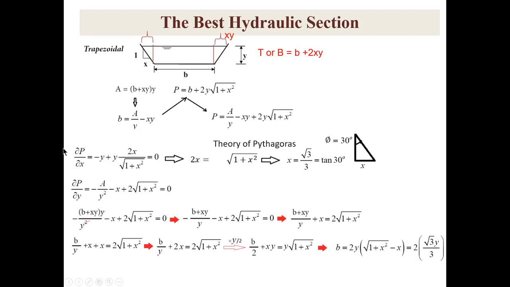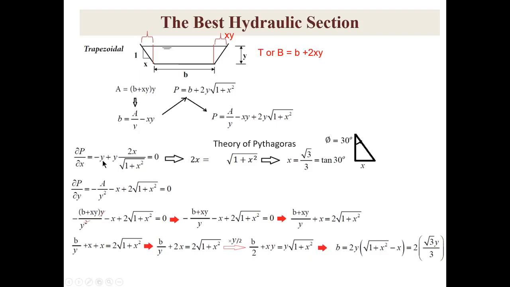And when we are going to minimize the weighted parameter, this differentiation should be equal to 0. Let's simplify this equation, and the result would be something like this: 2x equals a square root of 1 plus x squared. Let's check together.